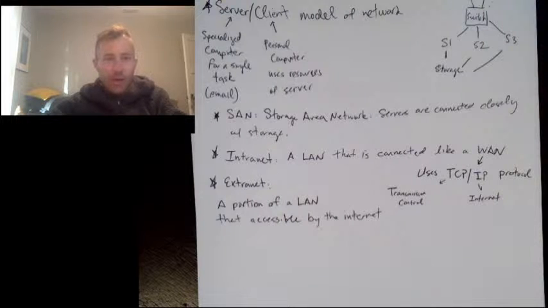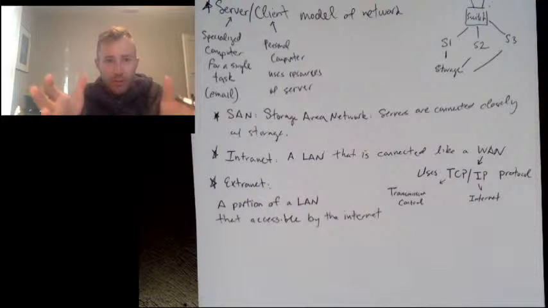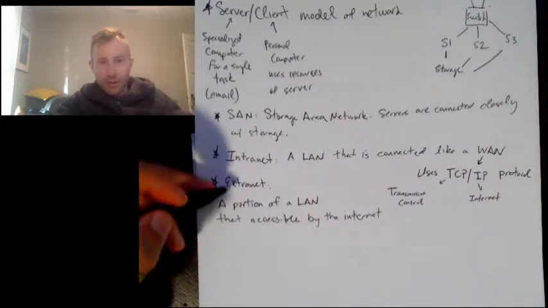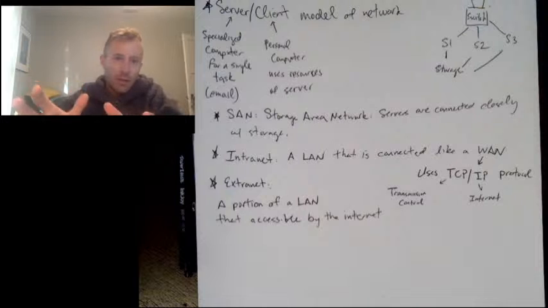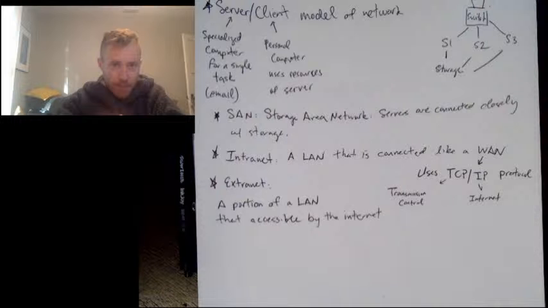So they're allowing you access to a portion of its network. Not the entire network, but just a portion of their network they're sharing with you. So that's what an extranet is. It's when you allow anybody to come in and look at a part of a local area network.